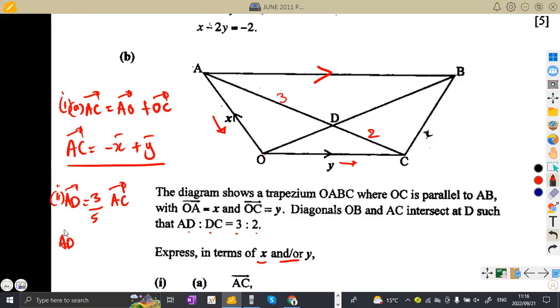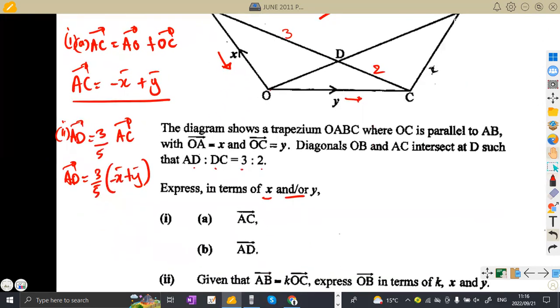So AD is going to be 3 over 5 times AC, which is negative X plus Y. If we multiply by 3 over 5, what are you going to get? Our AD is going to be 3 over 5 times negative X, which is negative 3 over 5 X, and 3 over 5 times Y is 3 over 5 Y. So this is your vector AD. Just like that, guys, we are done. It's actually something that you're supposed to work from.